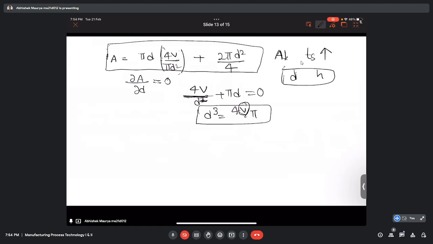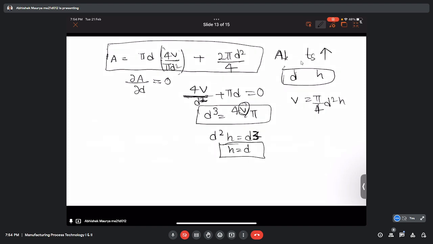If we substitute the volume with the earlier value, that v is equal to pi by 4 d square h, and we try to find out, we will get d square h is equal to d cube, or h is equal to d.